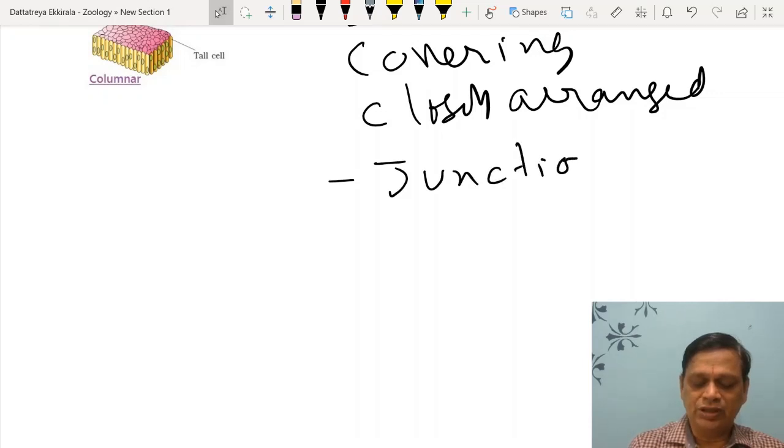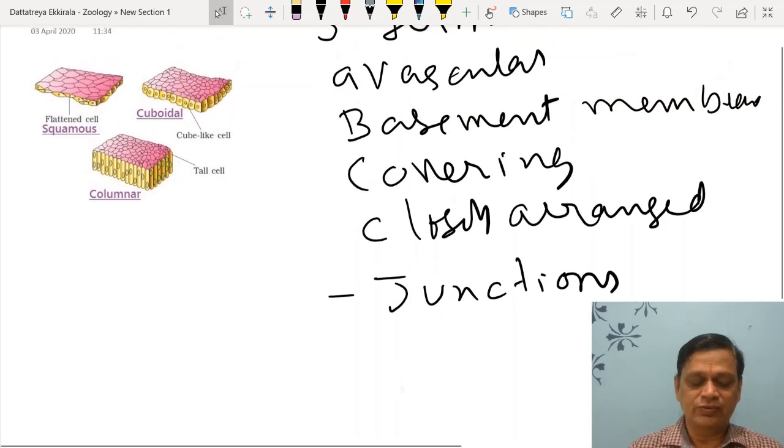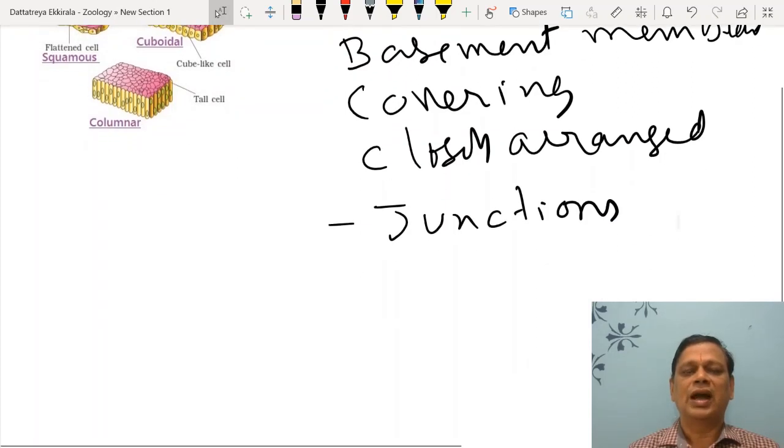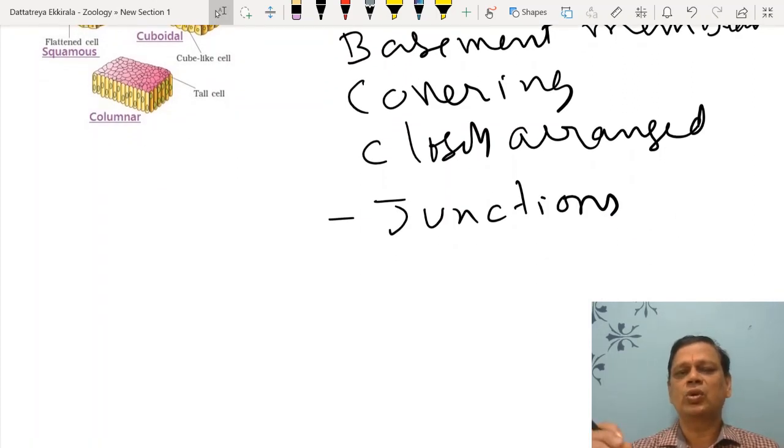The epithelial tissues are held together by various types of junctions. You know that animal tissues will have adhering junctions which hold the cells together, tight junctions which prevent any kind of leakage among the cells or between the cells, and gap junctions which promote intercellular transport of substances.